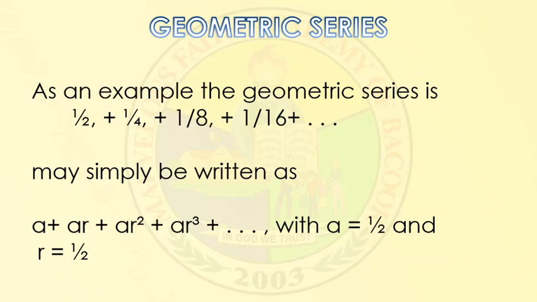Okay, so ganyan lamang po yung geometric series. Pinag-a-add lang po natin ang ating geometric sequence. Okay, so ayan po yung ibig sabihin or yung illustration kung paano ba mag-add ng sequence sa geometric series.